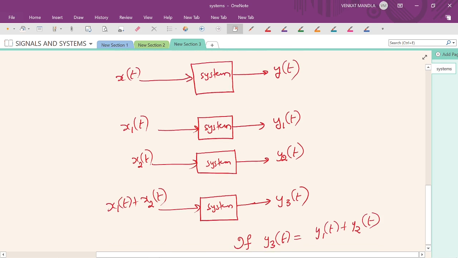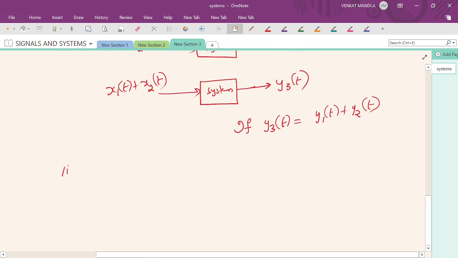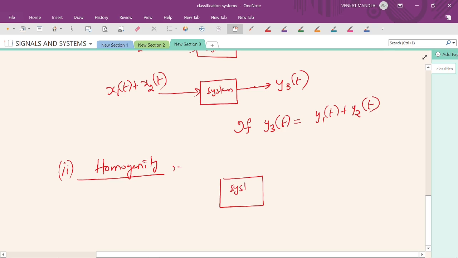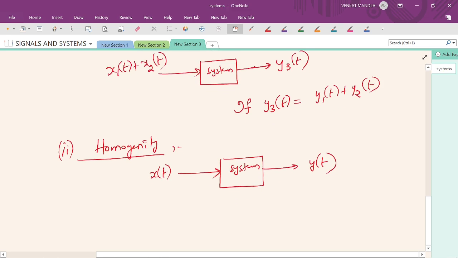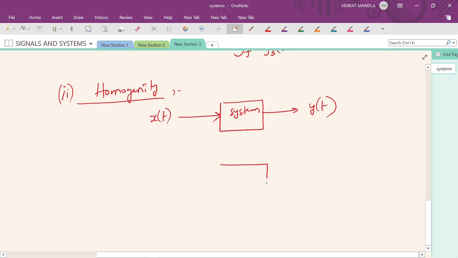Next, what is homogeneity? If a system is given x of t, y of t as the input output relation, suppose I give alpha times x of t, let us say y1 of t is the output.